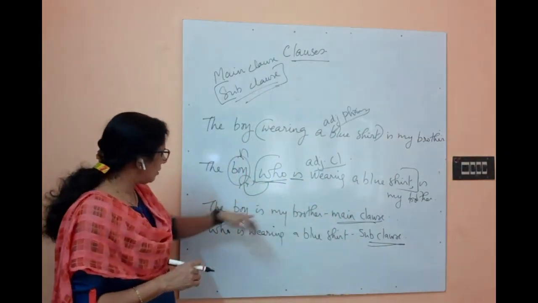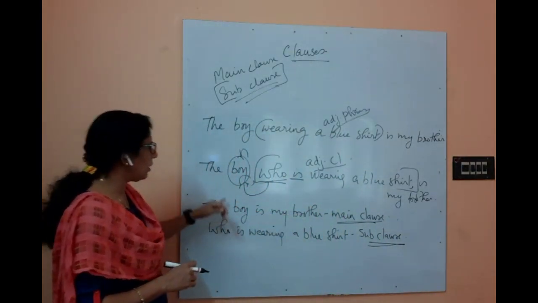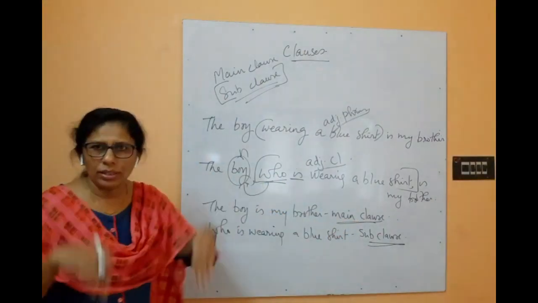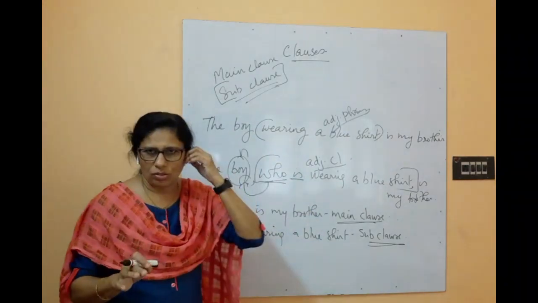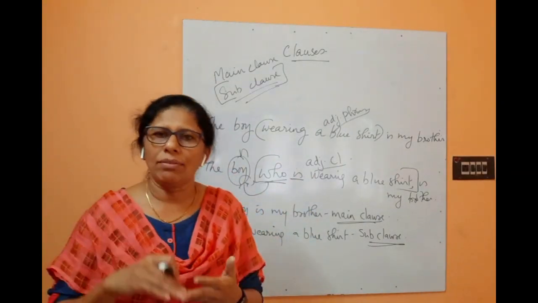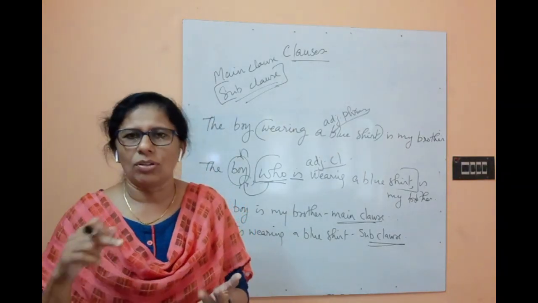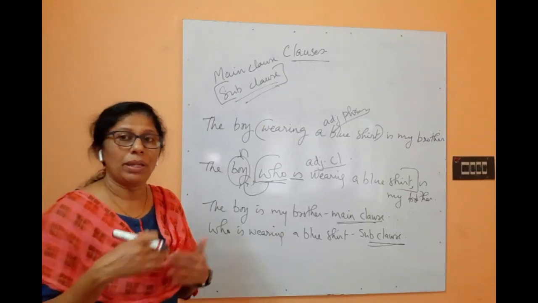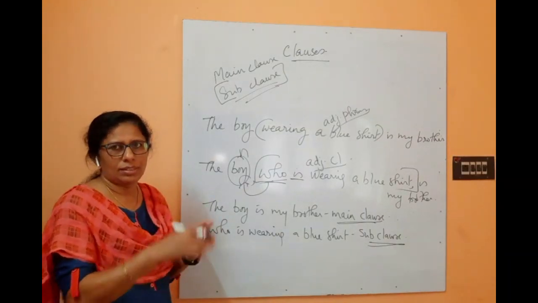So The boy is my brother is a main clause. Who is wearing a blue shirt is a subclause. In this lesson, don't think about the main clause. We are picking out only the subclauses and naming them as adjective clause, adverb clause and noun clause, according to the work they do in the sentence. Understood, children? Main clause we will learn in kinds of sentences in the coming lesson.